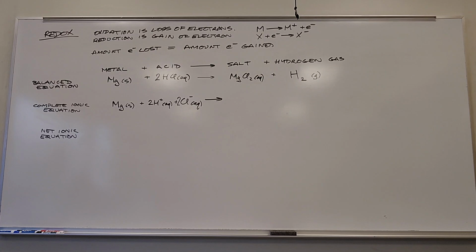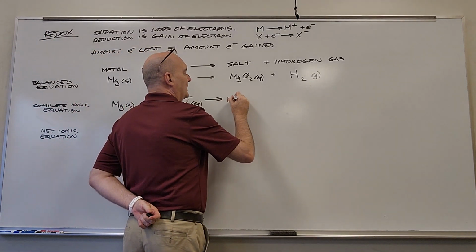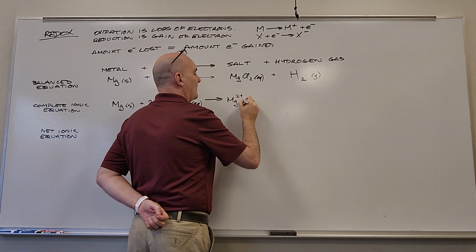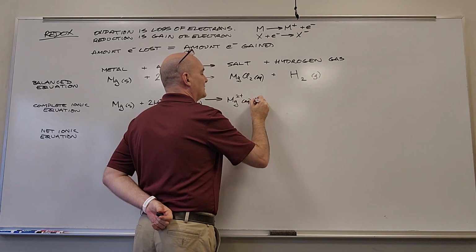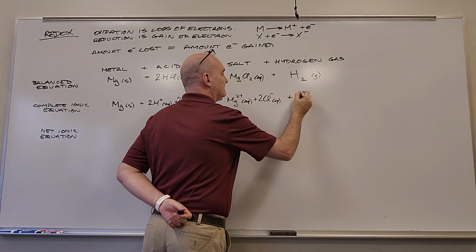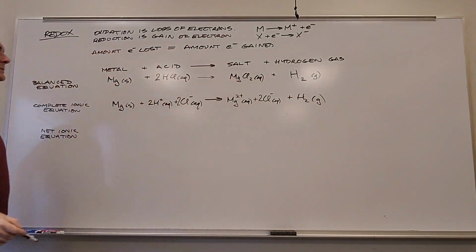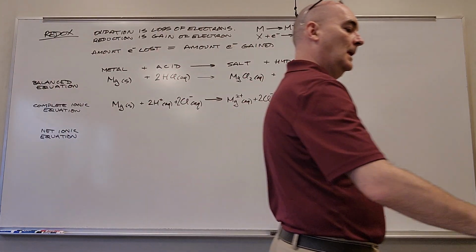It's 2 equivalents of H plus and 2 equivalents of Cl minus. And because the magnesium chloride is soluble, that also does not exist in solution. And it gives you this. That's the complete ionic equation.